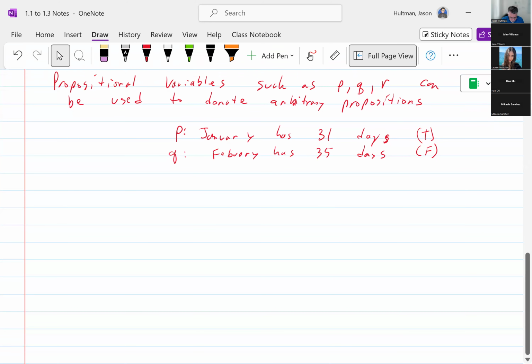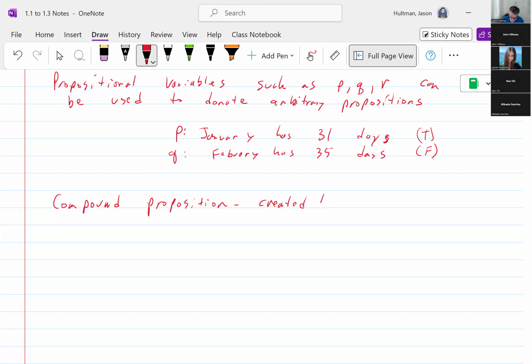Propositional variables. A compound proposition is created by connecting two propositions together with a logical operator.